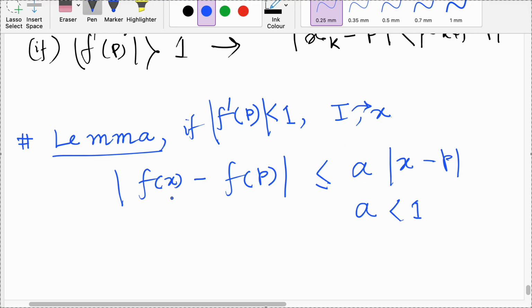That means |f(x) - f(p)| should be less than some constant a, and this constant is obviously less than 1, times |x - p|, the distance between x and p.